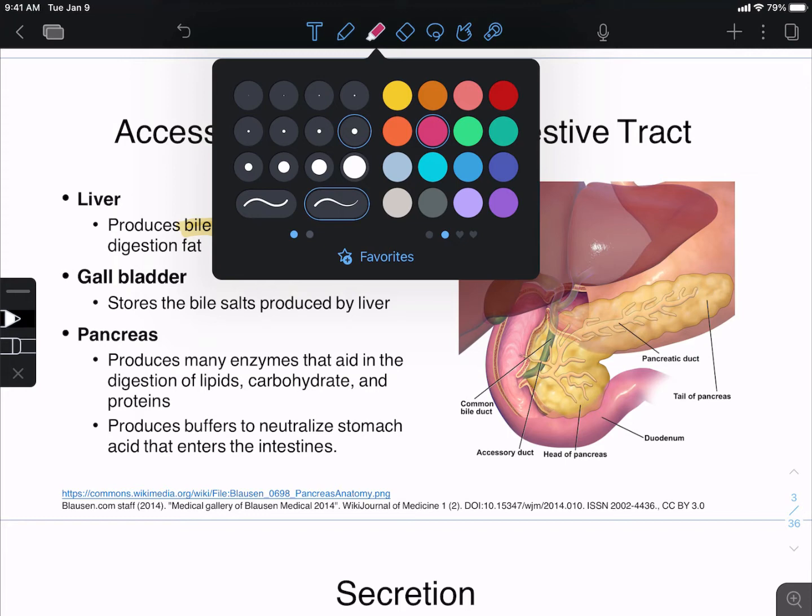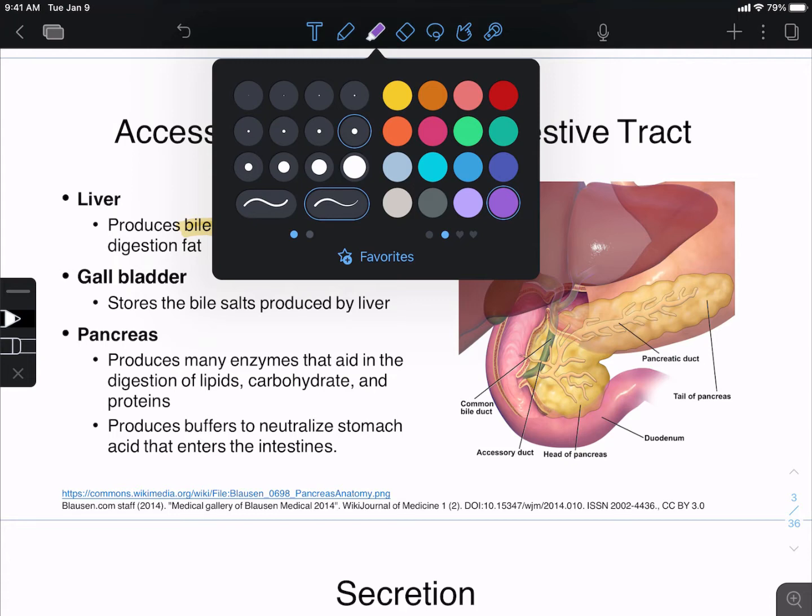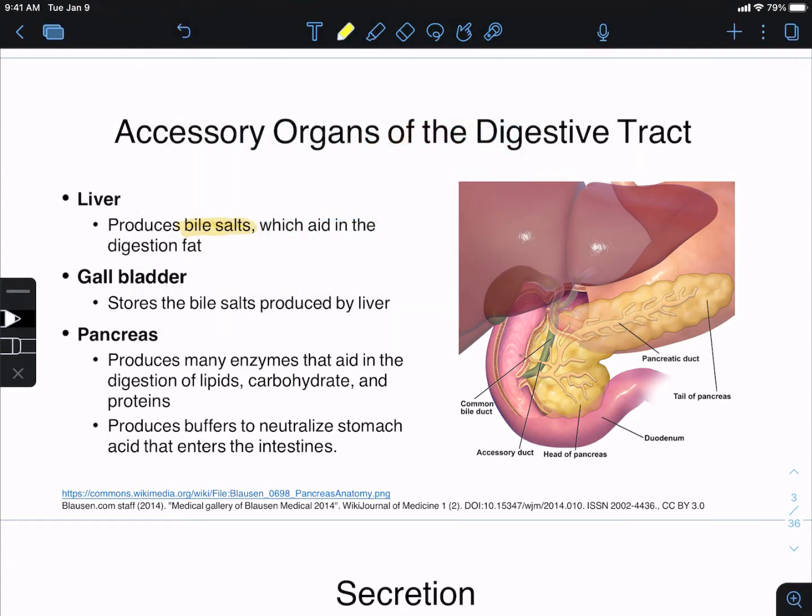Let's get a different color that actually shows up. Let's try this color. Not much luck. Okay, we'll try just this. There we go. There's my gallbladder. It's tucked in underneath the liver, and it contains, let me show you these ducts. I'm going to outline this. Here we have our bile duct right here.